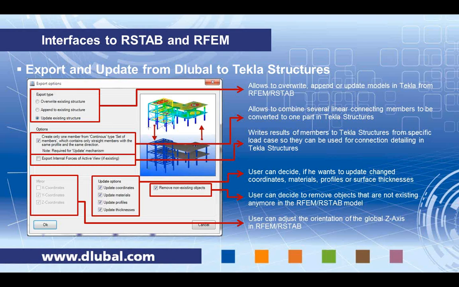If I leave it unchecked, it leaves everything untouched in Tekla that is not there in RFEM. Maybe it is a little bit complicated to explain by words, but it has a meaning. Okay.